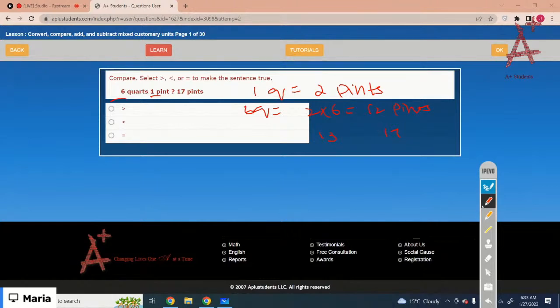So obviously 13 pints is less than 17 pints. Got it? So that means it is less than.